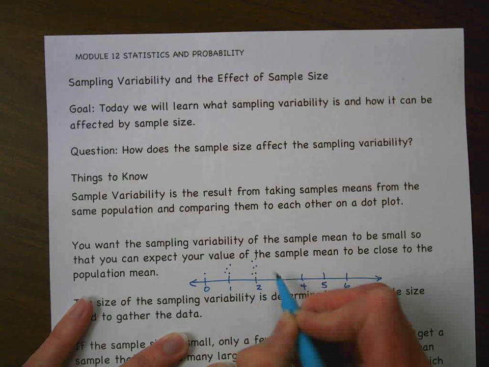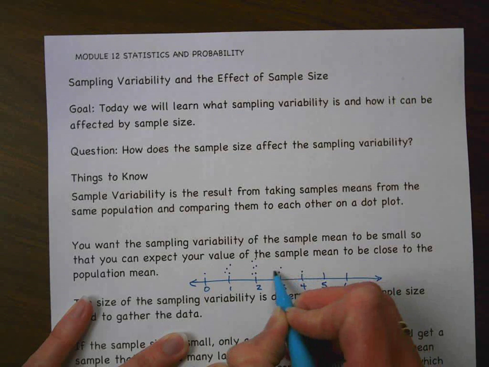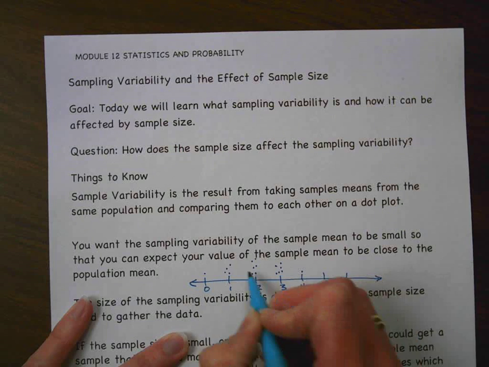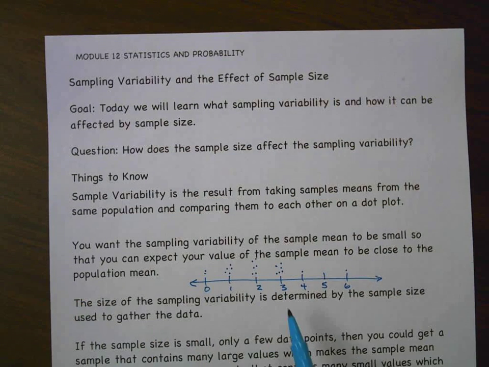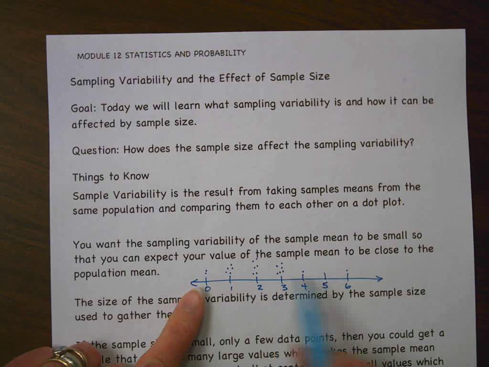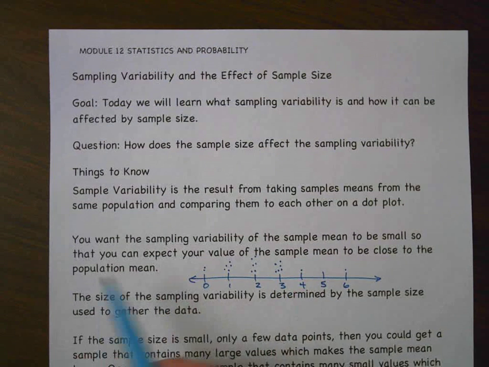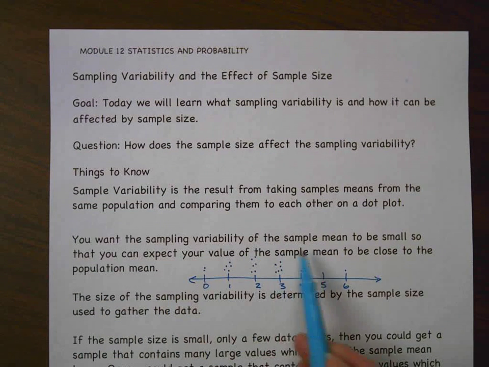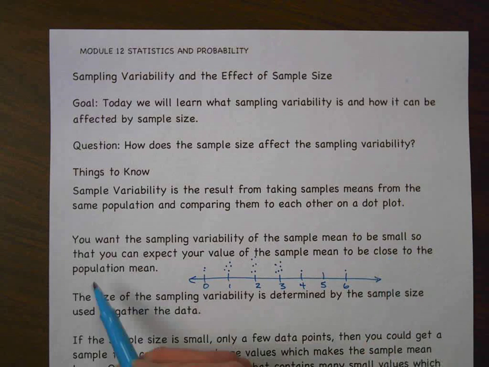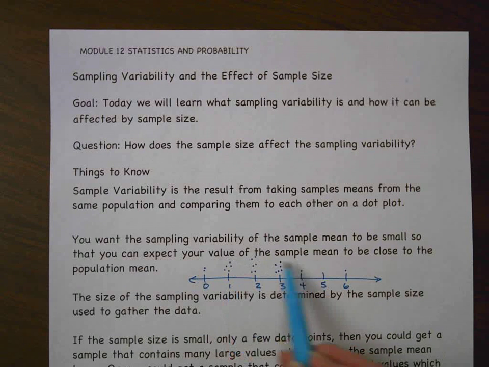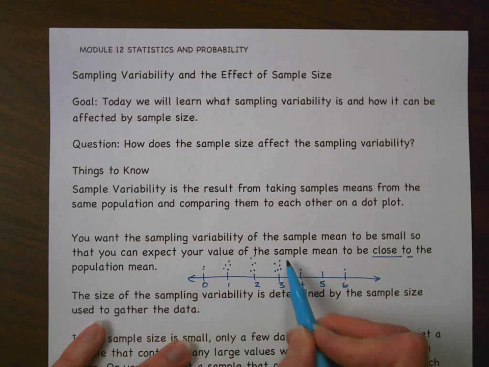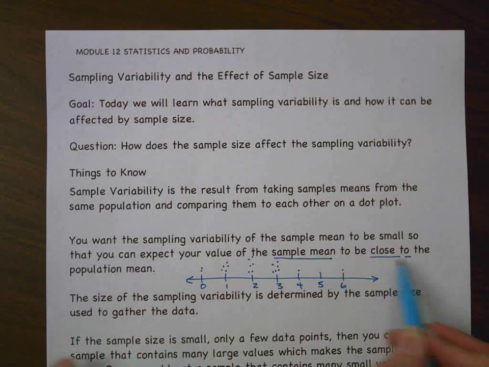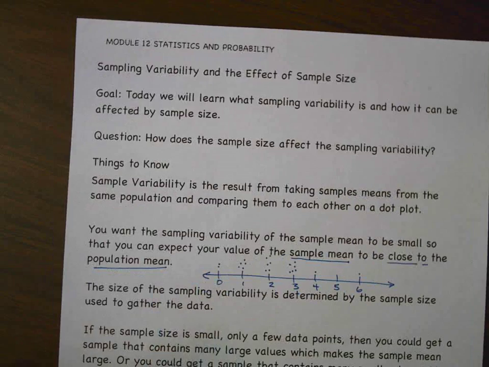We want them to be rather close to being the same so that you can see that there's very little variability in your dots. So you want the sampling variability of the sample mean to be small so that you can expect the value of the sample mean to be close to the population mean.